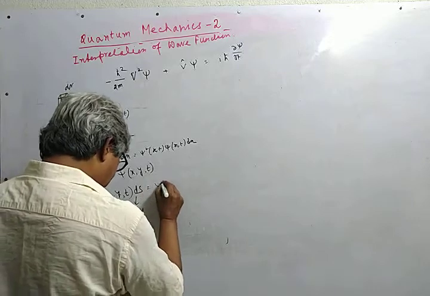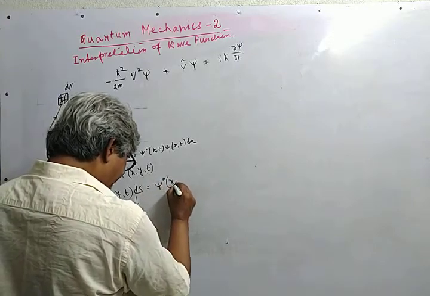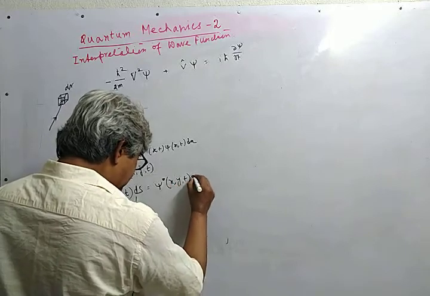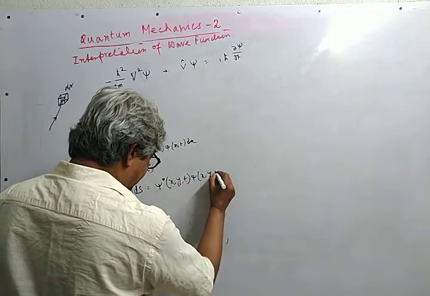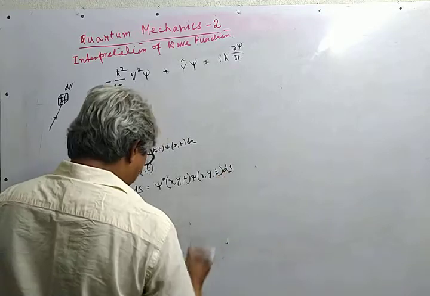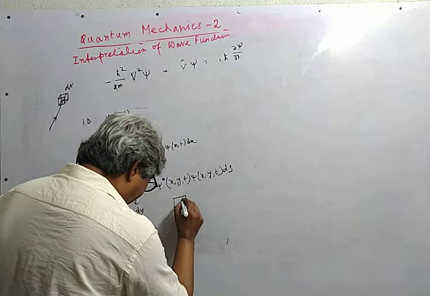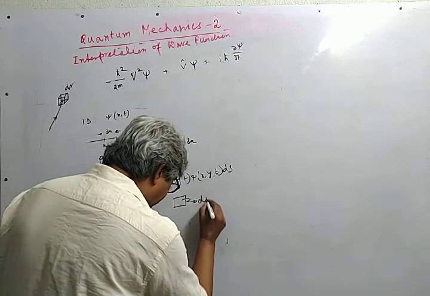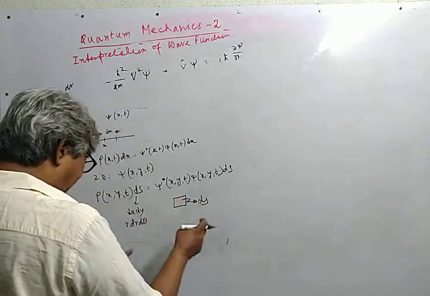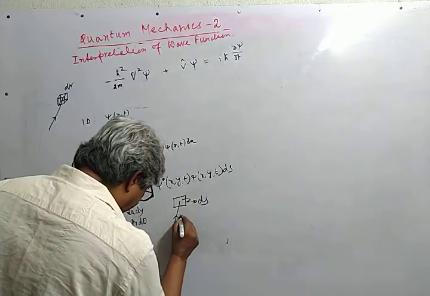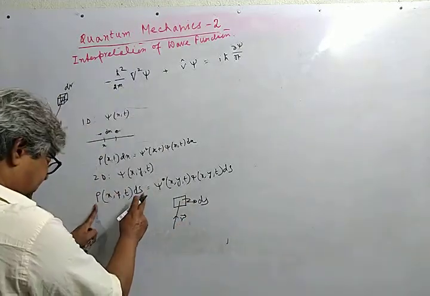This is psi star of x, y, t psi of x, y, t ds. This represents the probability of finding the particle within an area element ds around r at time t.